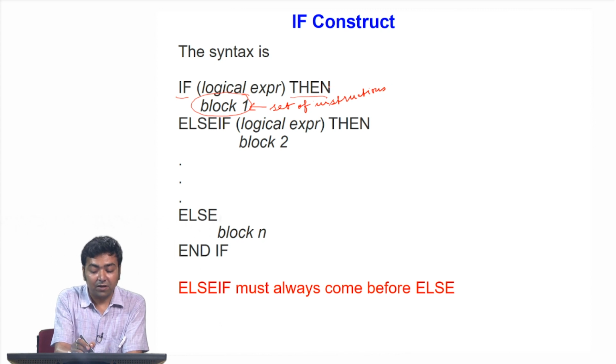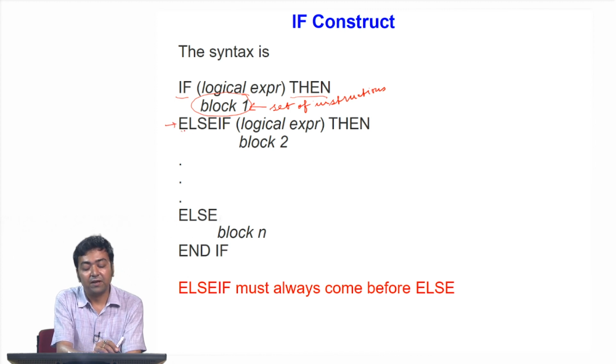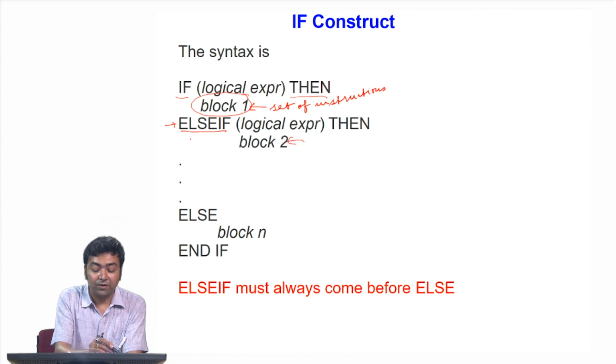If however, this logical statement is not satisfied, then you can come to the next condition, by using the else if statement. The syntax is similar: else if, then the logical expression, and if it is satisfied, it comes to block 2 and so on.